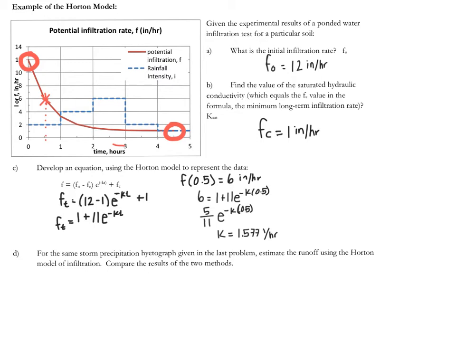Last step here, I'm just going to write that equation out. For this particular storm or watershed, f of t is going to be equal to 1 plus 11 e to the negative 1.577 times t.